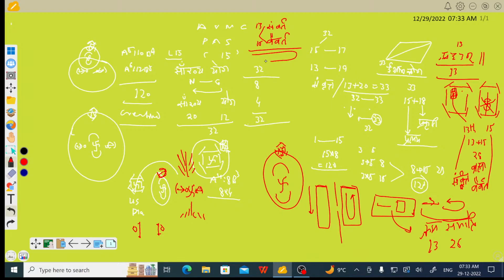So there will be 9 vowels, but they are called swaras, and swara is having TC value 15, and 15 into 9 gives us 135, and this would mean that 5, 30 and 100. If we put them properly, it would be 100, it will be 30, and it will be 5.